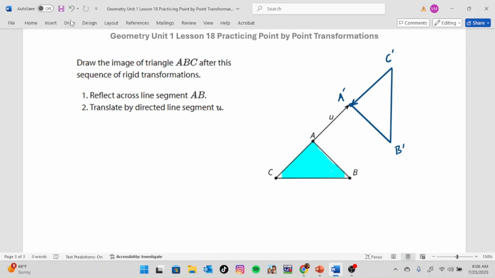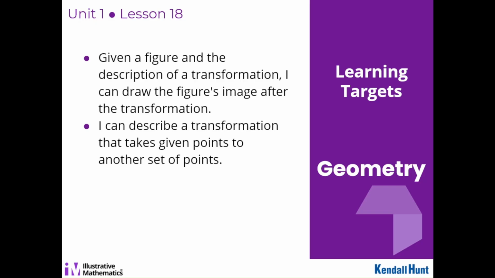Before we finish this video, let's go ahead and revisit the learning targets for this lesson just to make sure you understand everything that you need to before moving on to the next one. Reviewing the learning targets for Lesson 18, we had 2 of them.